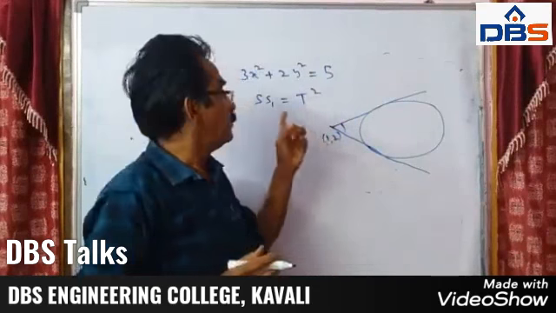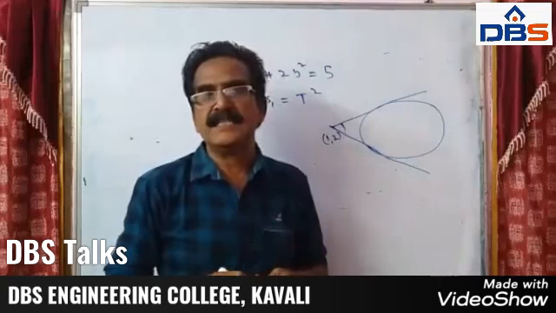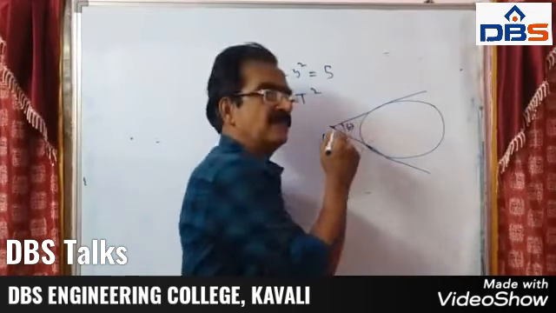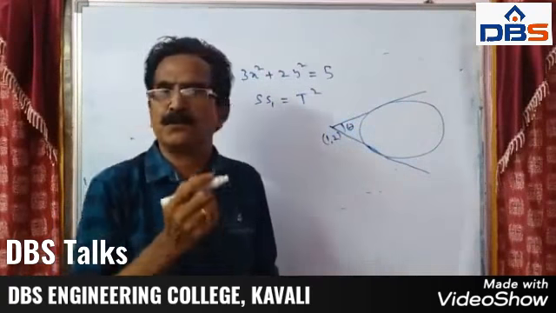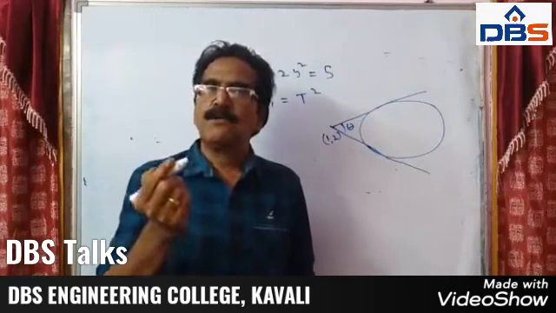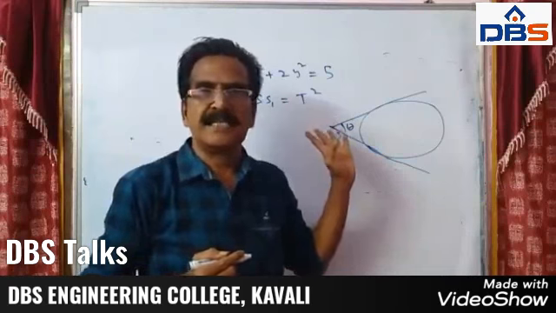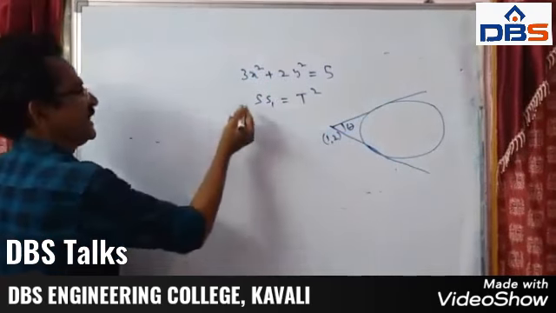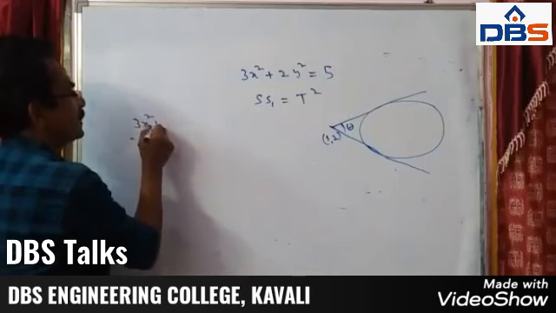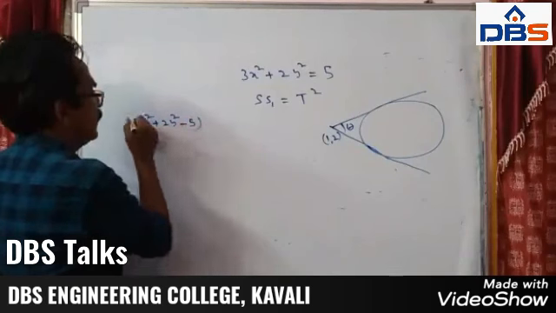So let us find the pair of tangents. If theta is the angle between the pair of tangents, then tan theta is equal to 2 root of h square minus ab by a plus b. That formula is there for us, so by that formula we can find the angle between the two tangents. This is one way. See, S is 3x square plus 2y square minus 5.